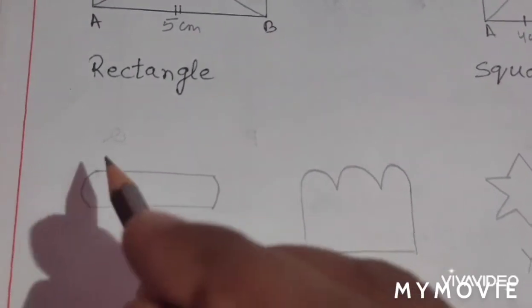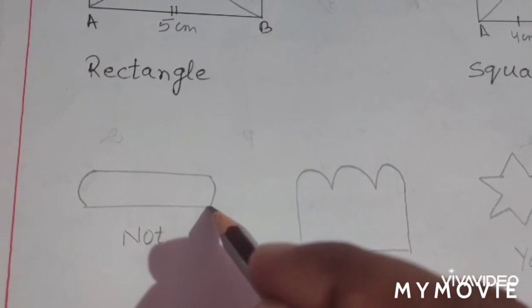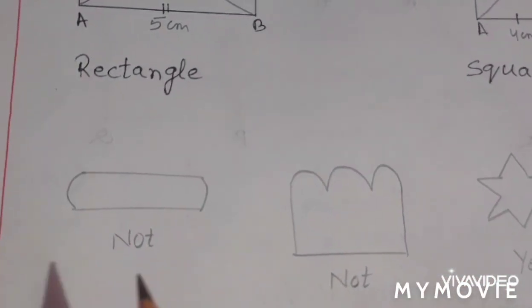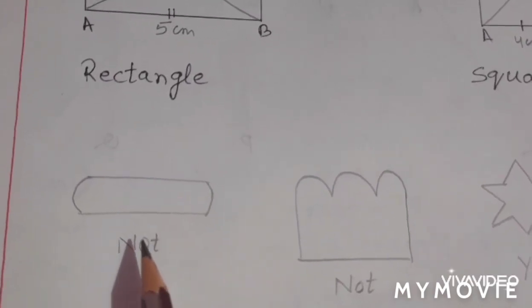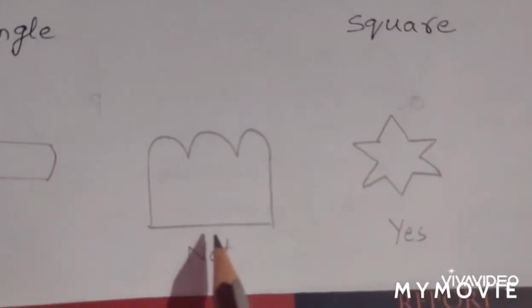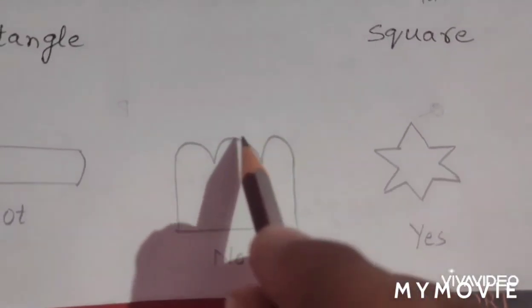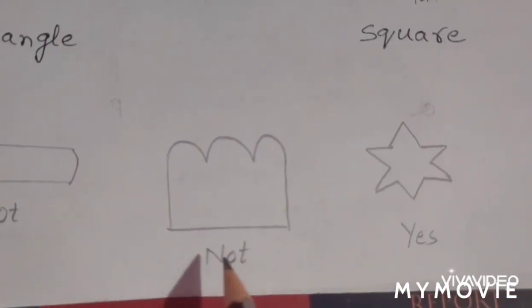Because over here we have a curve. So this curve we cannot count as a quadrilateral or polygon. Got it? This figure also, just see, three sides have been given, but over here it has been drawn this way. So this is also not a polygon.